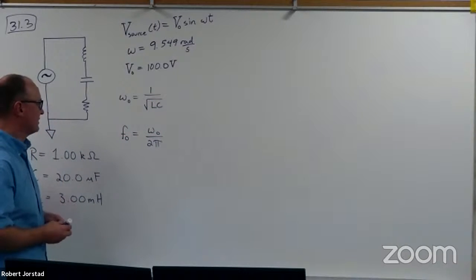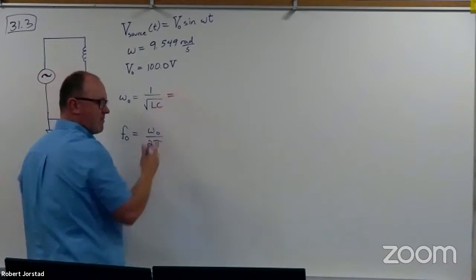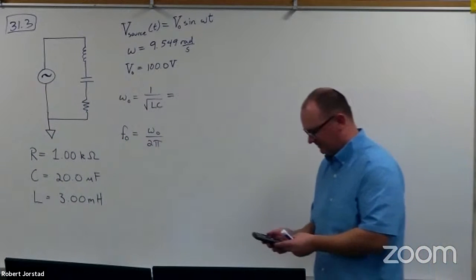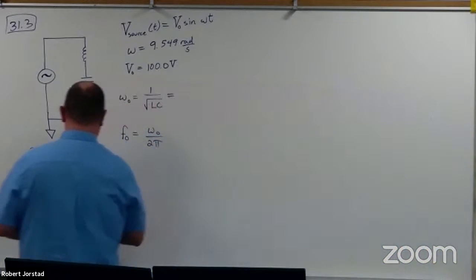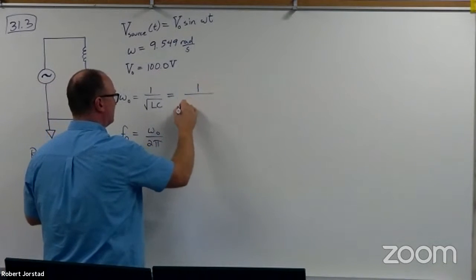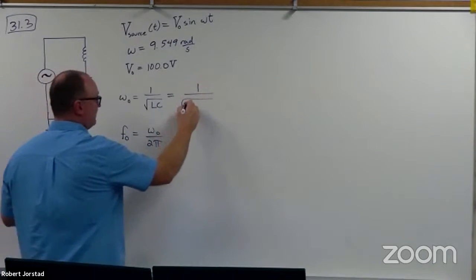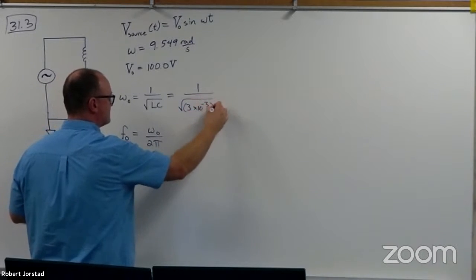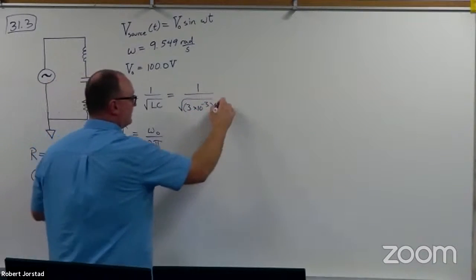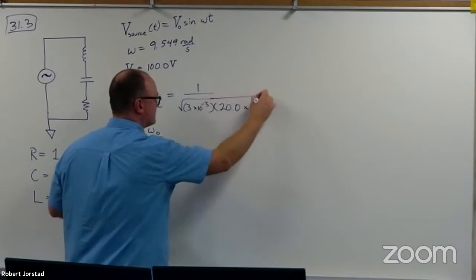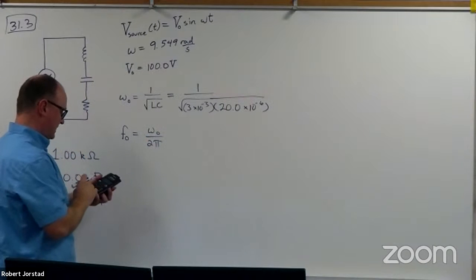All right. So in this case, I'm just going to plug it in. All right. And so maybe I'll do it like this. 3 times 10 to the minus 3 and 20 times 10 to the minus 6. I would actually punch this in if I were you.